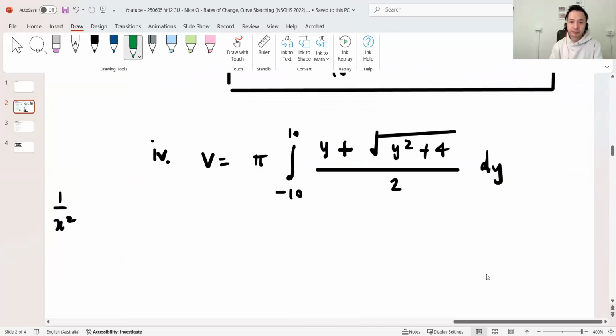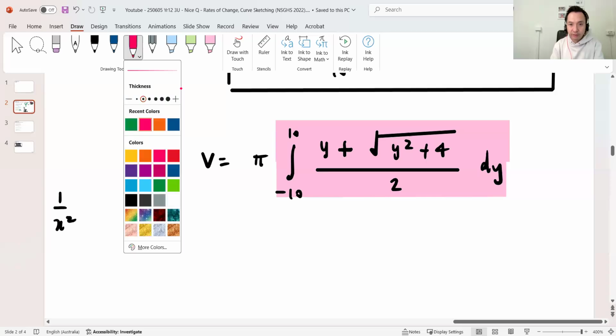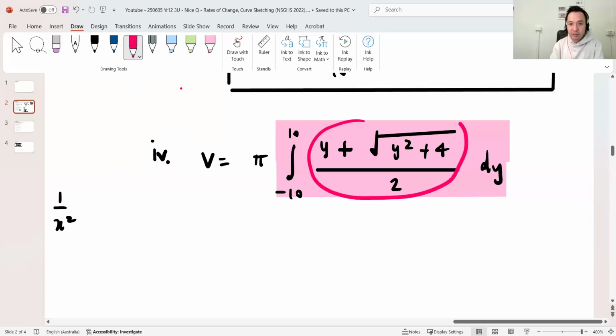Just to be clear, this whole expression here is just an expression, a function of y. Keep that in mind.